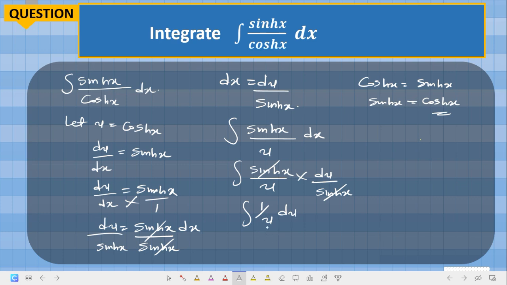Now I told you that the integral of 1 over u du is ln of the absolute value of u plus c. And then finally, this will give us the ln. What was our u? It is cos x, and then plus c. And that will be the answer to this question.